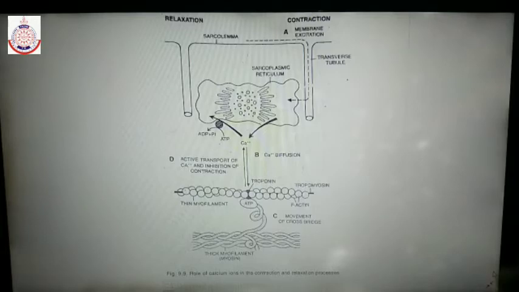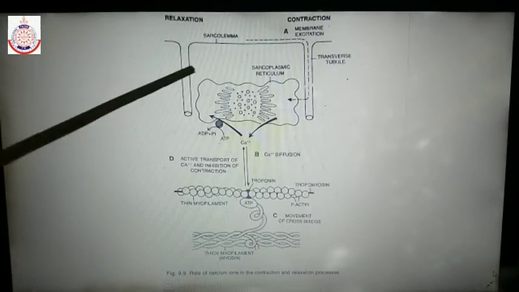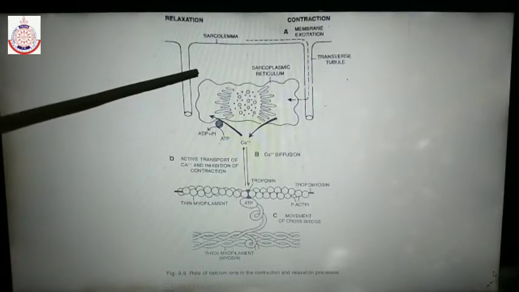When the permeability of the sarcolemma changes, it means the membrane, the sarcolemma, becomes excited, due to which the sarcoplasmic reticulum present in the sarcoplasm. What is sarcoplasm? Cytoplasm of the muscle cell.